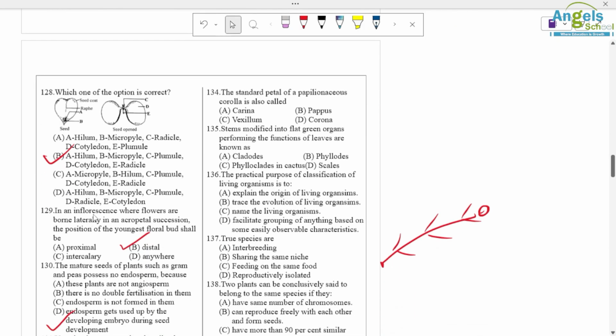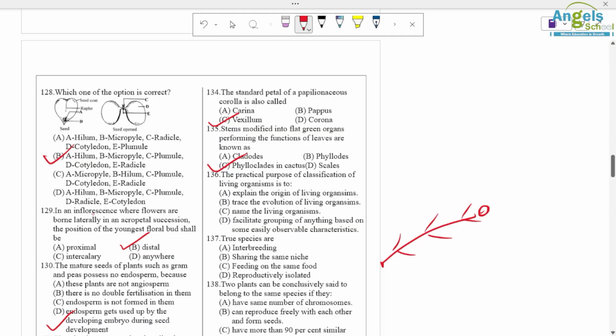The standard petal of papilionaceous corolla is also called vexillum because vexillary aestivation is there. A stem modified into a flat green organ performing the function of leaves is known as phylloclade, in cactus, not in cycas.